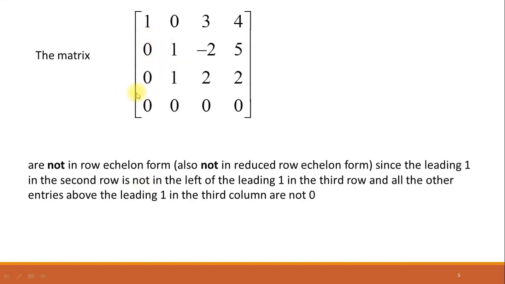And this matrix is not in echelon form because this is the first non-zero entry, this is the leading one, and before this leading one there is only 1 zero, and in this row this is the leading non-zero entry, and before it there is only 1 zero. The number of zeros does not increase, so this matrix is not in echelon form. So definitely this is also not in reduced echelon form.